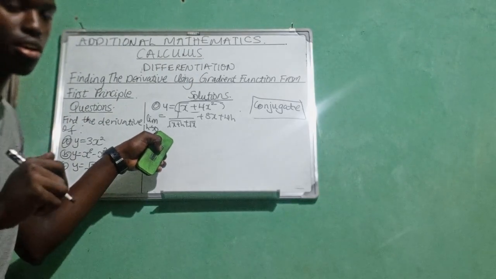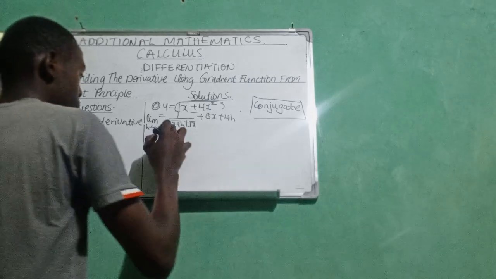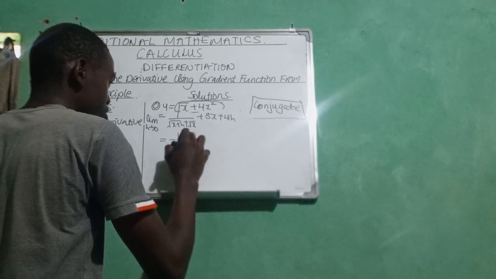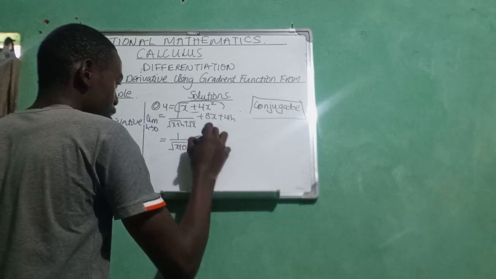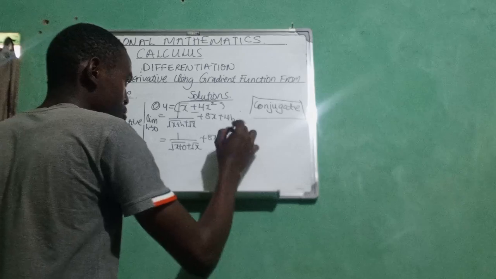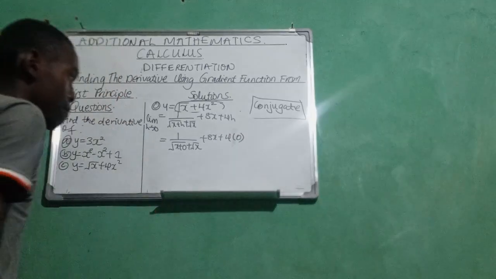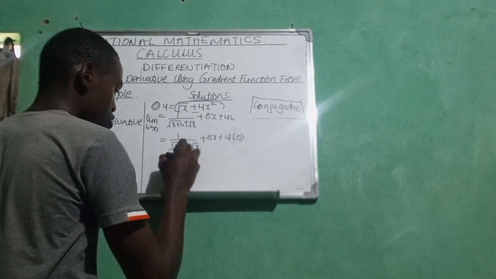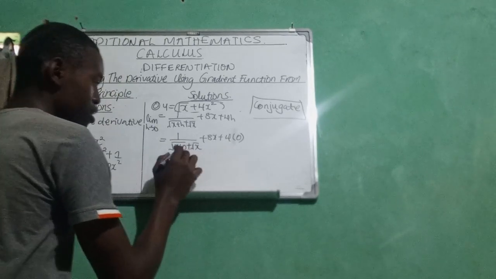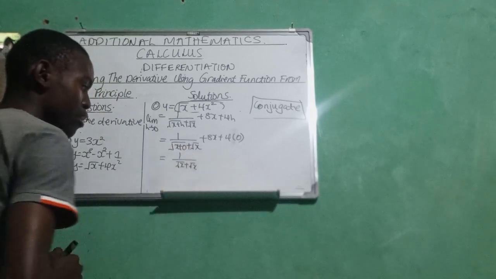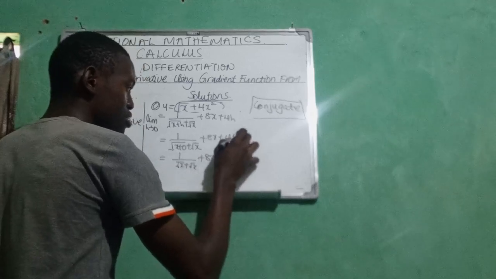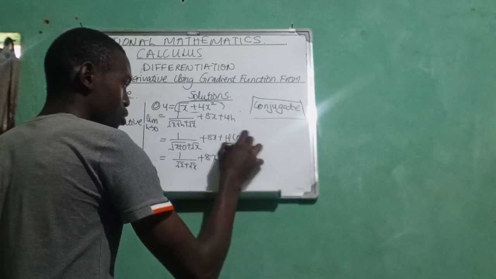Everywhere you can see h, write 0. This would be equal to 1 divided by square root of x plus 0 plus square root of x plus 8x plus 4 multiplied by 0. This would be equal to 1 divided by square root of x plus square root of x, plus 8x, because this will give you 0.